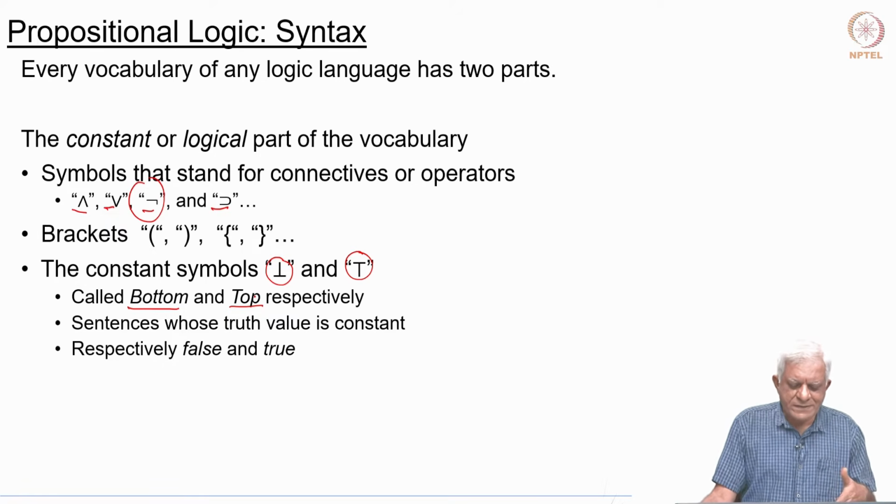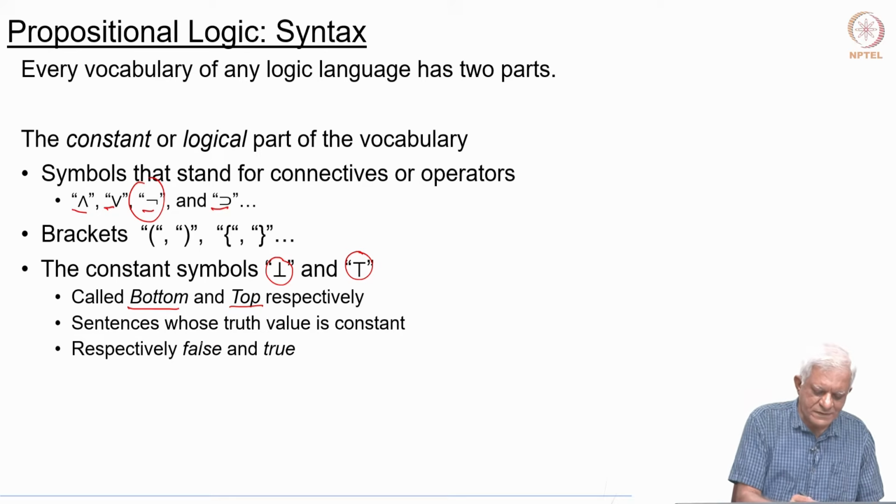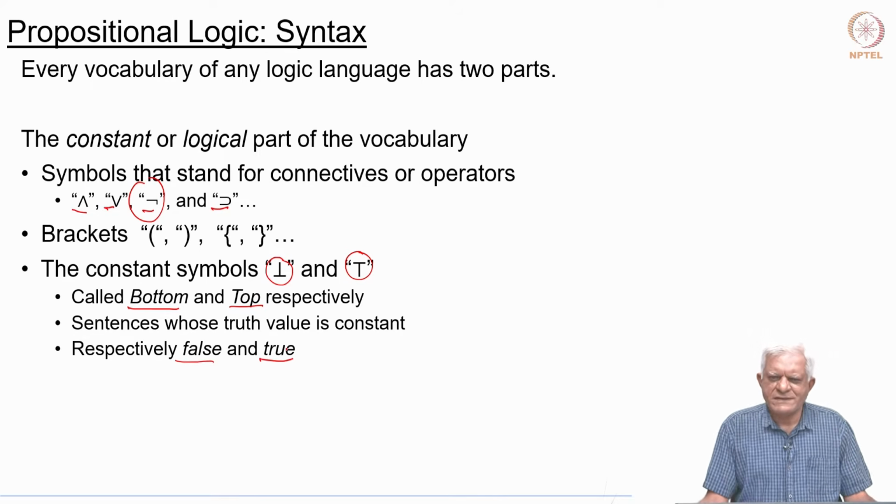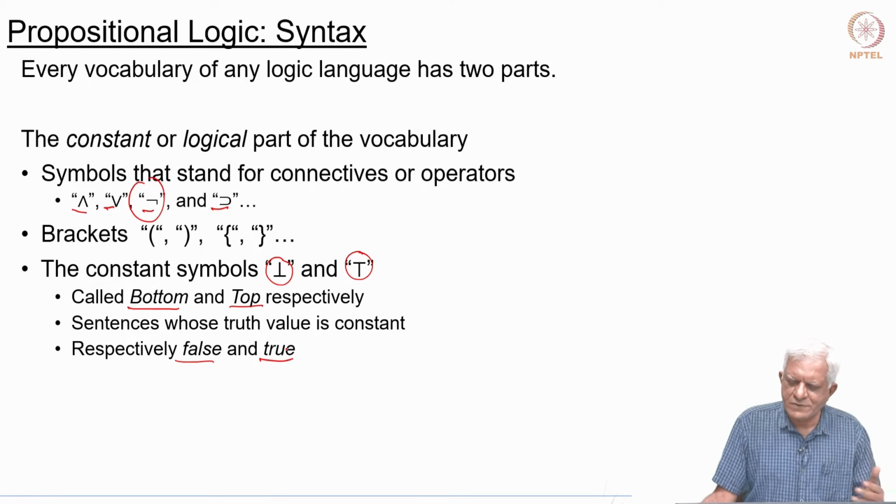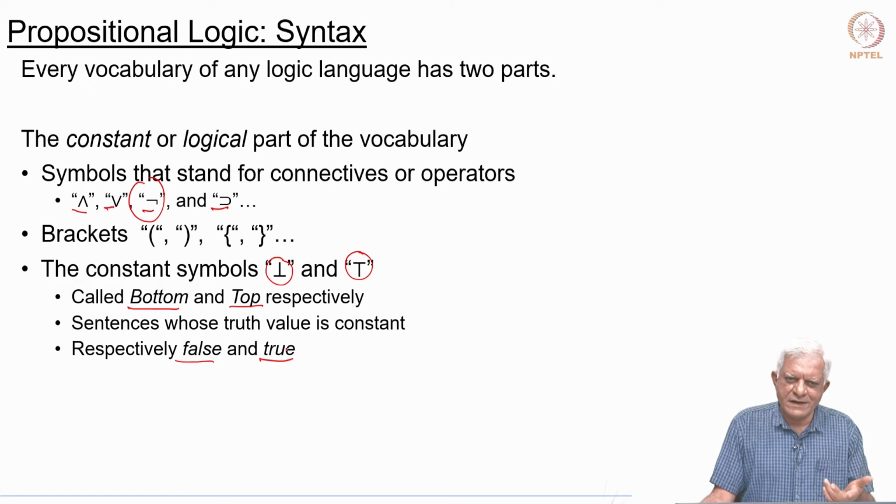So, for constant symbols, and that is why they are called constant symbols, their truth value is false and true respectively. It is like when you do algebra with numbers, which is also what you are doing with logic: if you have a constant symbol like 0, then you know that it stands for the number 0.